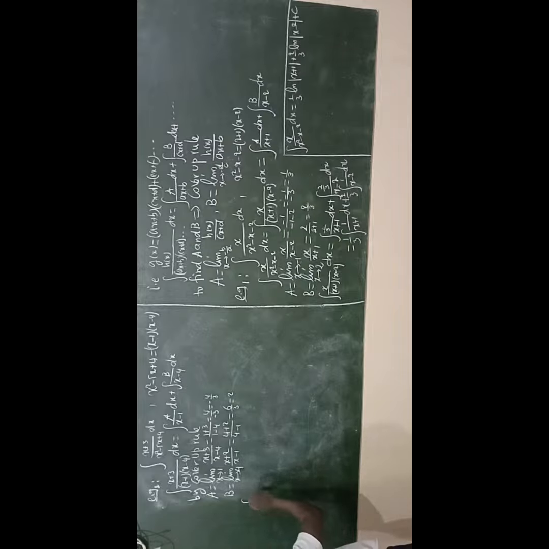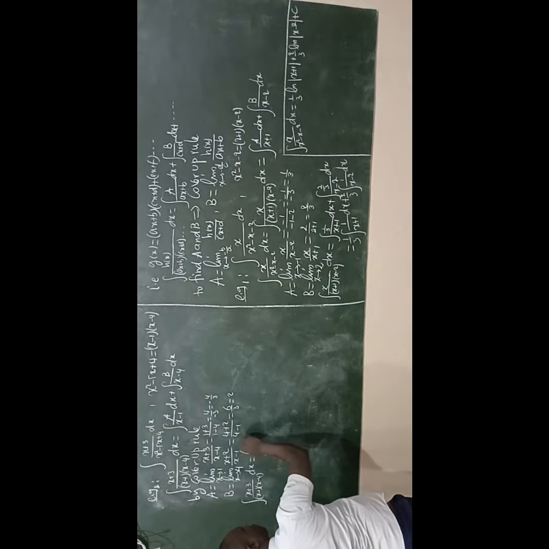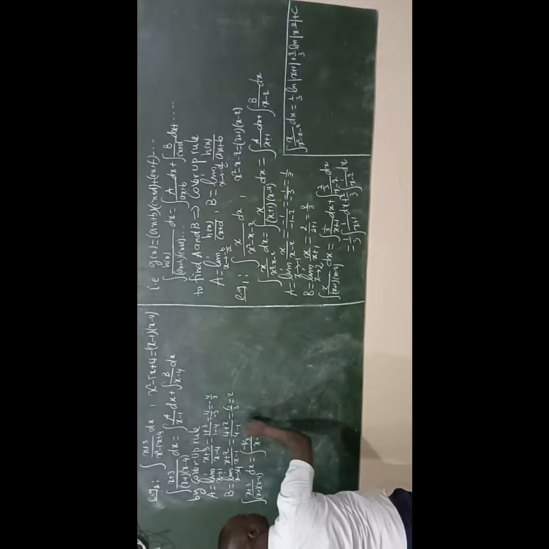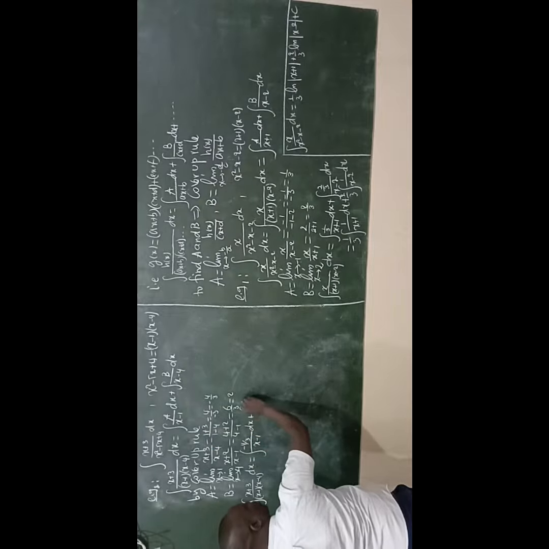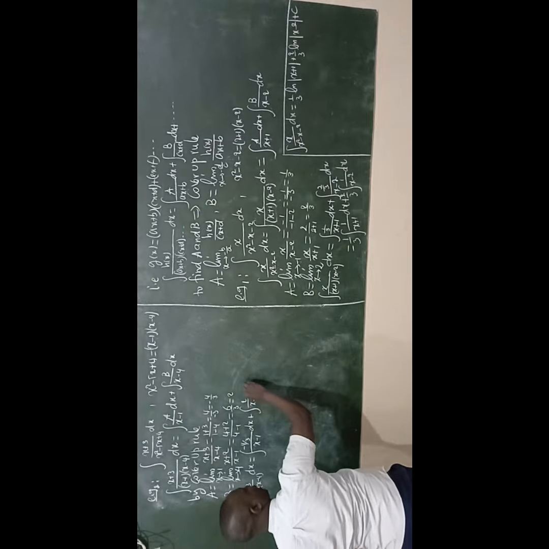The integral will become x plus 3 by x minus 1 into x minus 4 dx, which will be equal to, replacing a by minus 4 over 3, the integral of minus 4 over 3 divided by x minus 1 dx, plus the integral of 2 divided by x minus 4 dx.